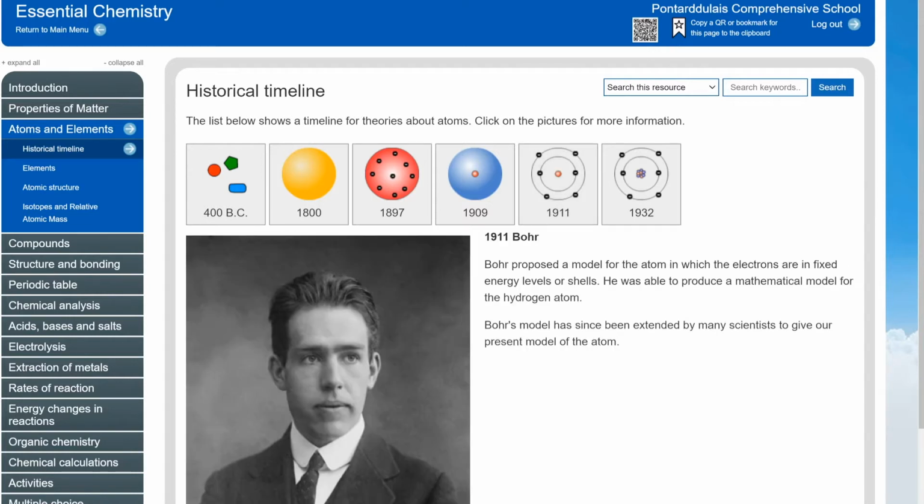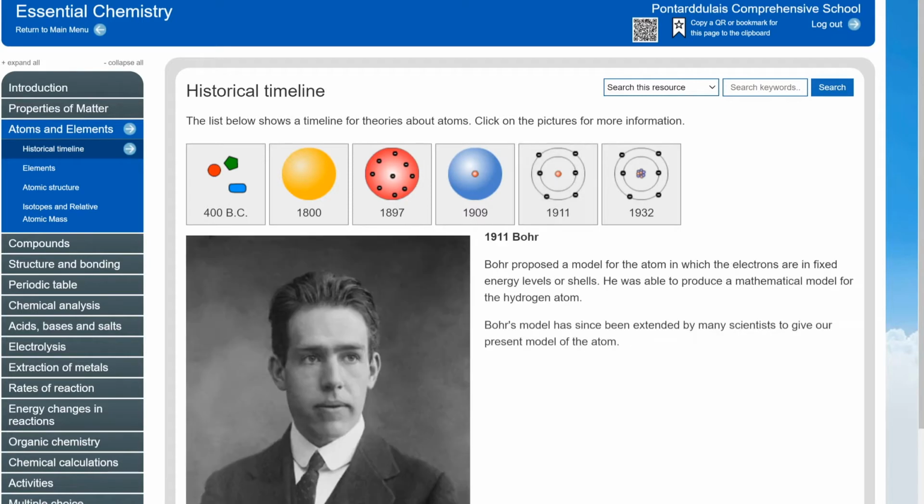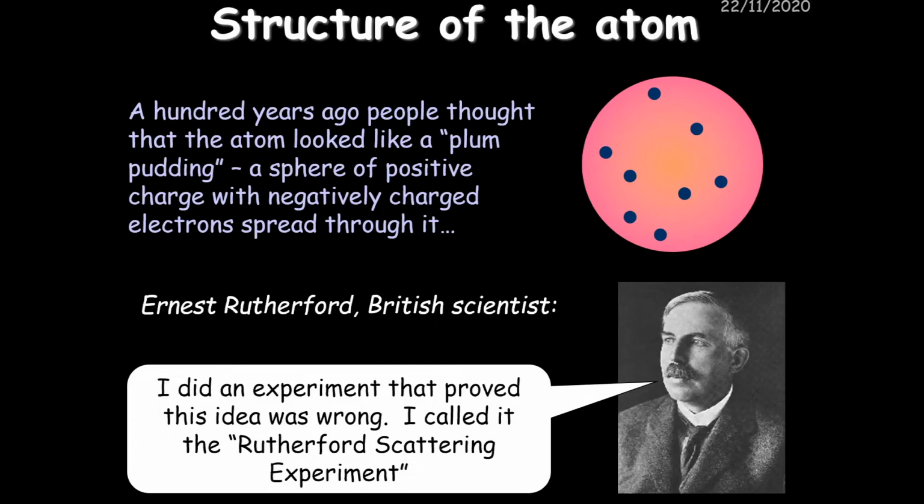We've got two others here, Bohr and later on Chadwick, that added a bit more detail. To show that another way, what we've got here is Ernest Rutherford saying, I did an experiment that proved this idea was wrong. I called it the Rutherford scattering experiment.